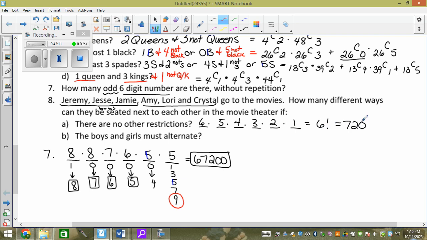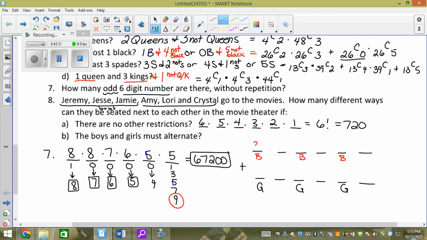Now the next one says the boys and girls must alternate. So you have to watch yourself on this one. So you can start with boys, or you can start with girls, which gives you 2 cases.